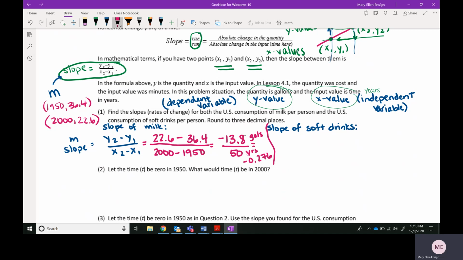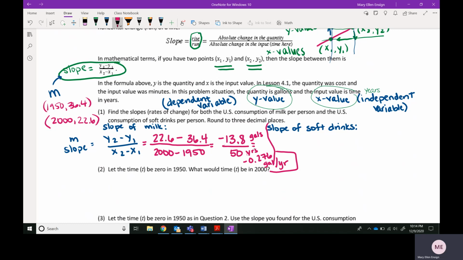Think about why I might have a negative slope here. What's happening to the milk consumption? Well, my milk consumption went down, right? It went down 13.8 gallons over the course of 50 years. When I divide this, essentially what I'm doing is dividing and then putting it over 1, but it's going to be negative 0.276 gallons per year.